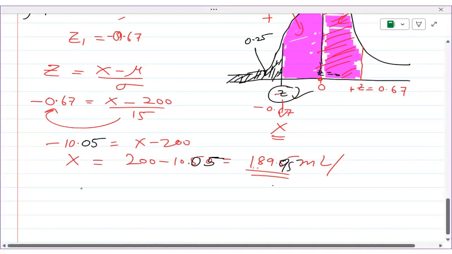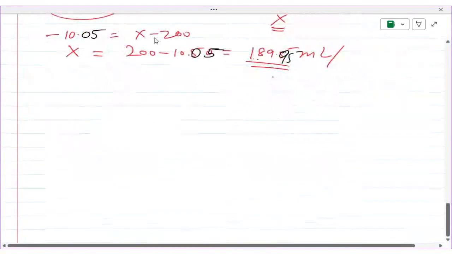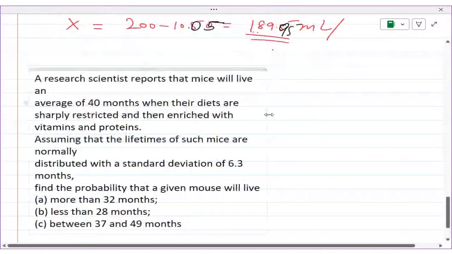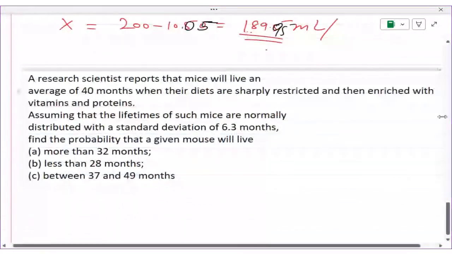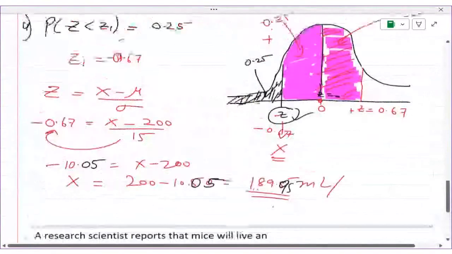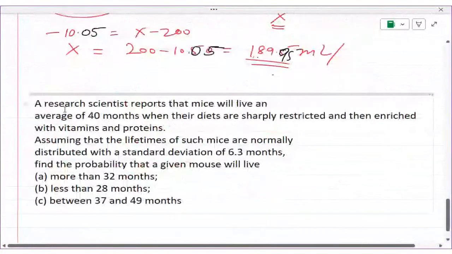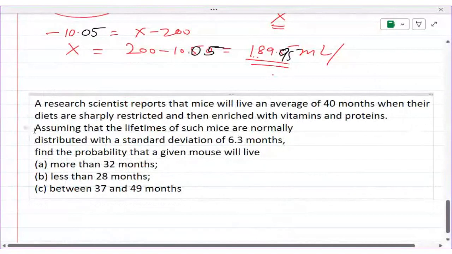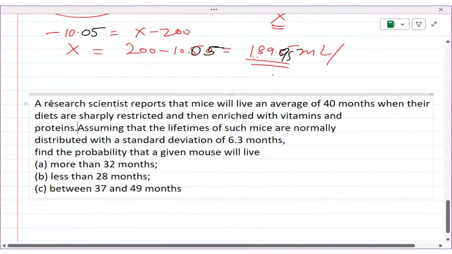I have noticed that this is also an important problem, but the previous one is a little bit difficult because of the fourth part. Students feel the fourth part is difficult to understand, but this one I feel many students understand.